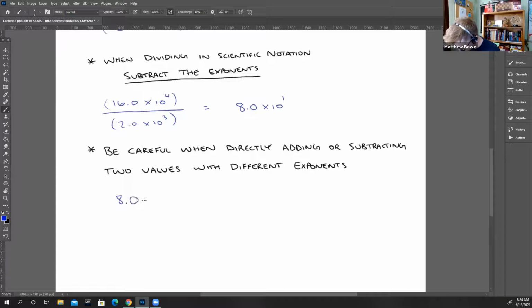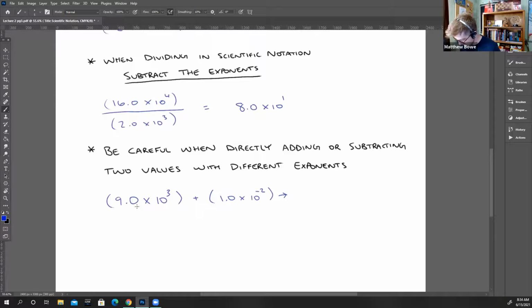Say we have 8, or no, we'll make it a 9, so we don't think it's connected to that. So 9 times 10 to the third power, that entire thing, and we're just adding 1 times 10 to the minus 2 power. That becomes something actually difficult we have to watch out for.